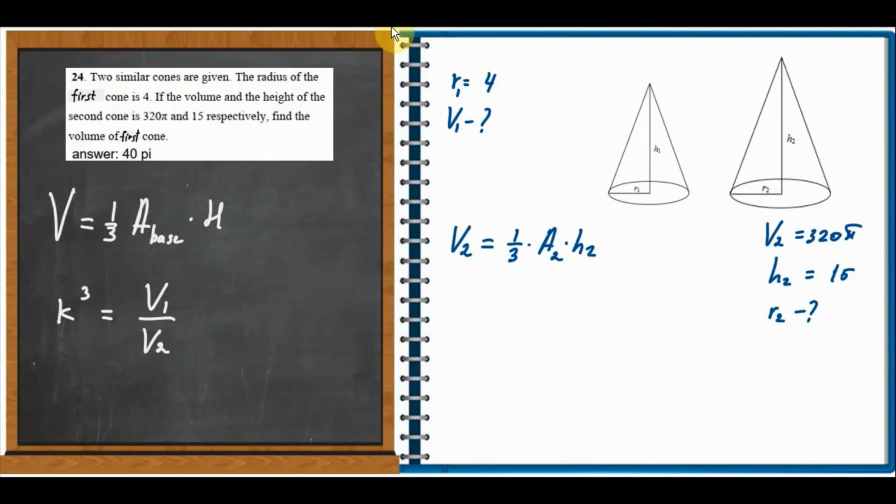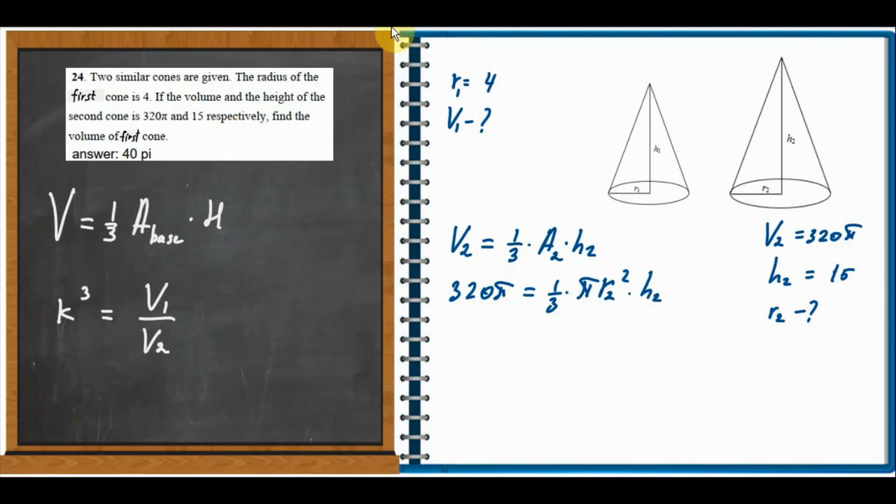Now let's substitute the values. 320 pi equals 1/3 of the area of the base. Here we have a circle. Circle's area is pi r squared. Radius 2 squared multiplied by height.